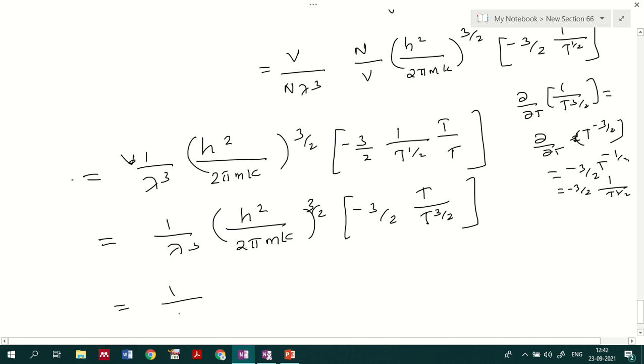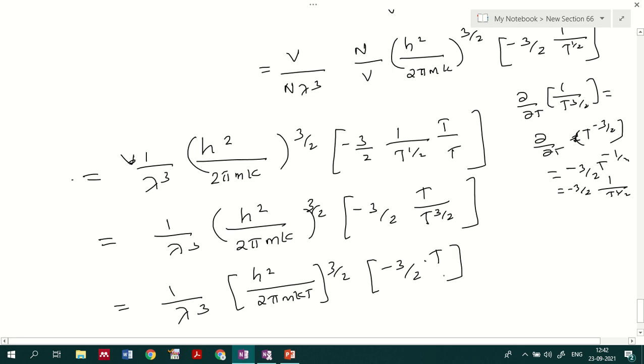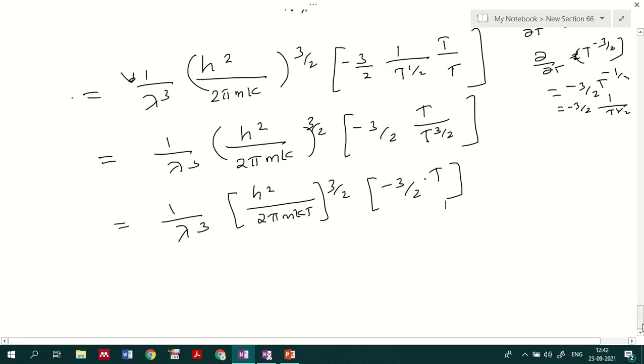So that is 1 by lambda cube into (h square by 2 pi mkT) raised to 3 by 2 into minus 3 by 2 into T. Clear? So this is how the representation will be.